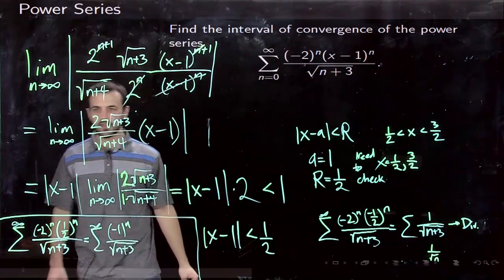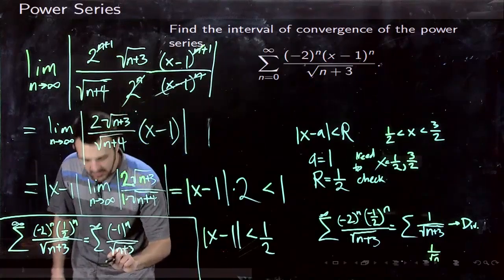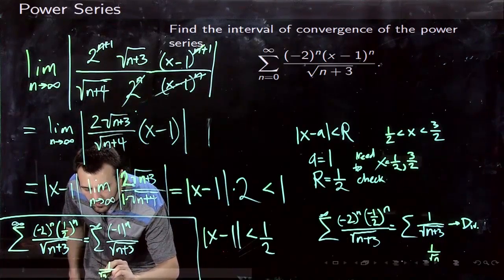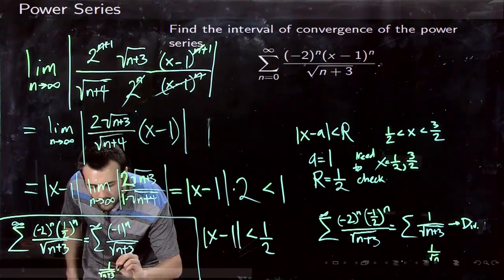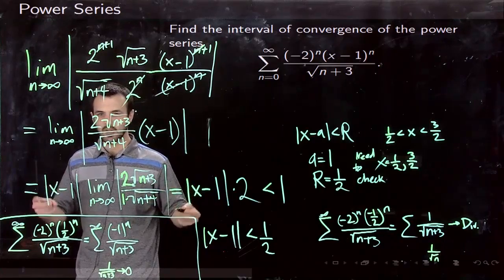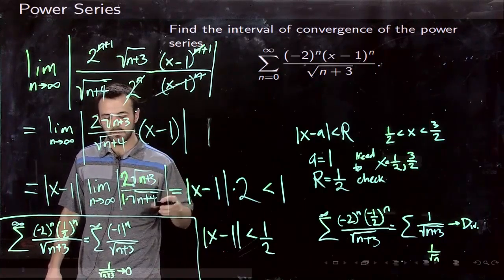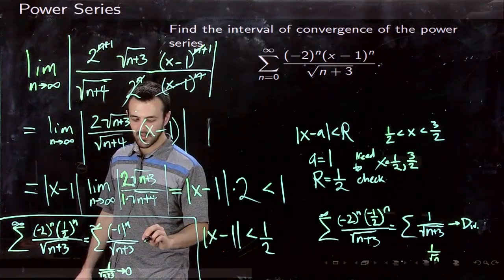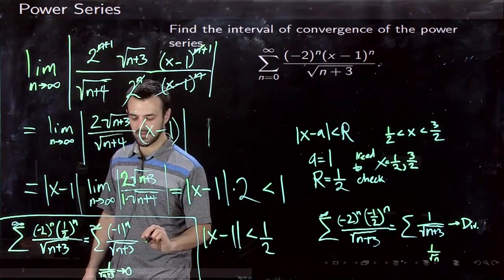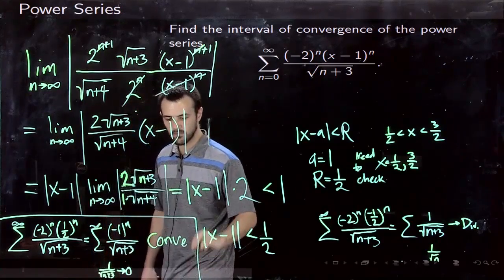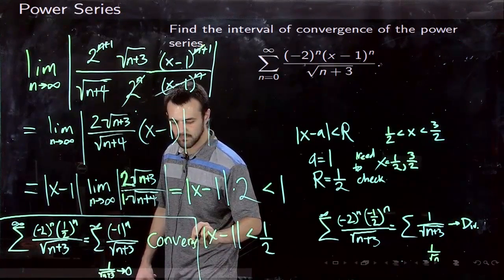And then by the alternating series test, because 1 over square root of n plus 3 goes to 0, and because the terms are decreasing, this converges.